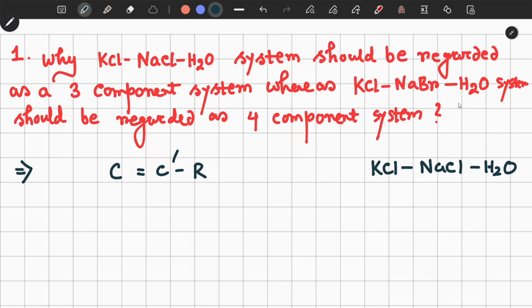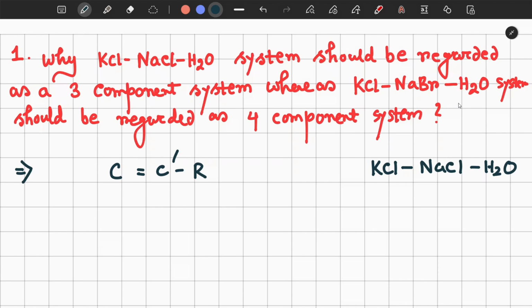That we have to understand first, and then we have to consider R. What is the R? So first, what is the C prime? That is important.